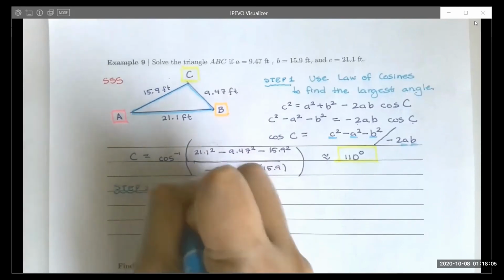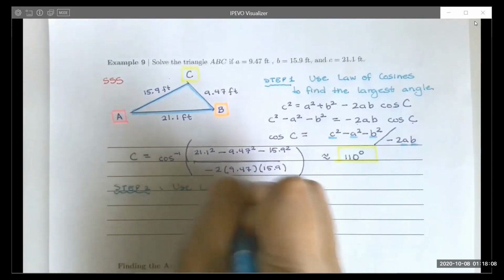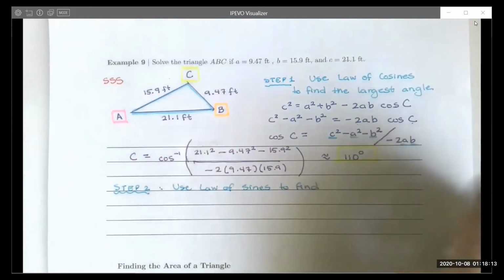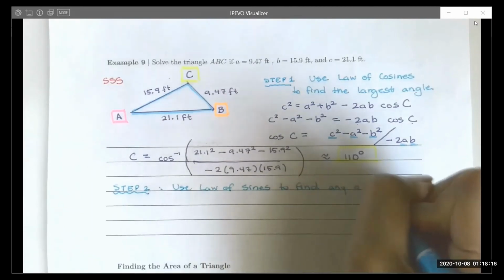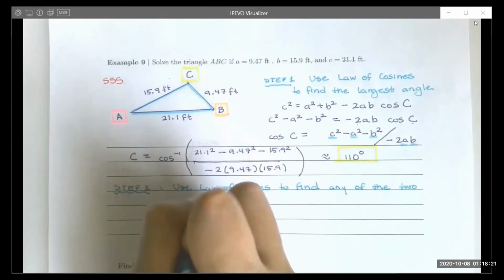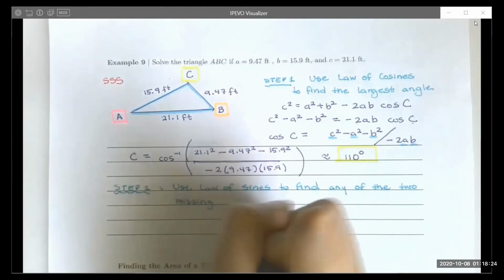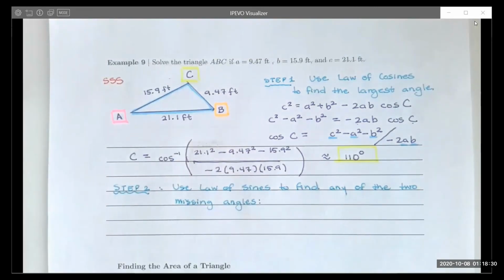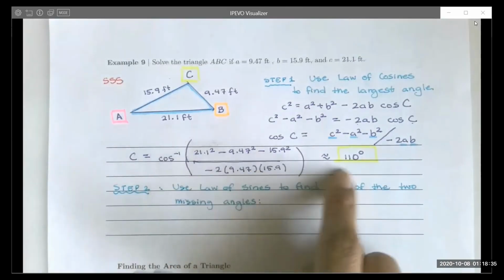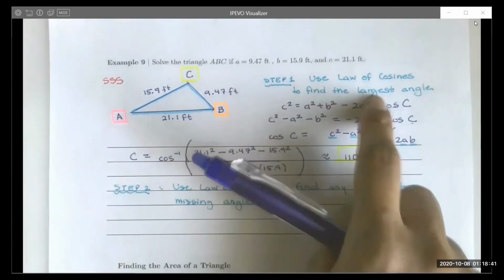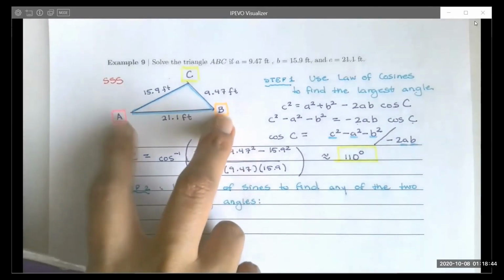The next step is to now use the law of sines to find any of the two missing angles. So we're missing A and B. Doesn't matter which one you pick at this point, because if C is obtuse, it will show up. And since we picked the largest angle, the remaining two are going to have to be acute.